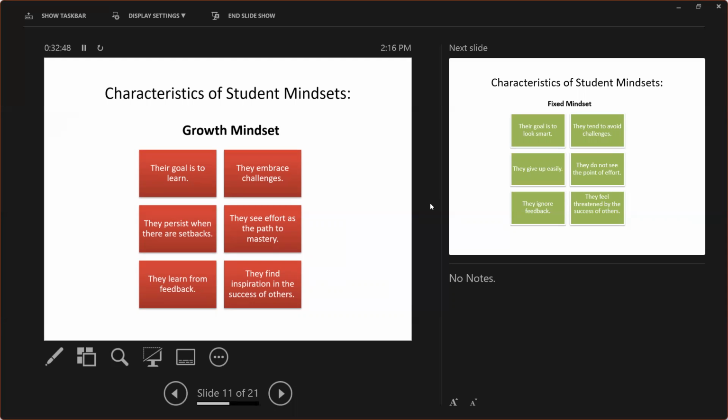And they would say, well, I watched this student, and I watched the professor, and they were successful in dealing with all of this. And so that inspires me, that I know that I can do this. So those are characteristics of students with a growth mindset.